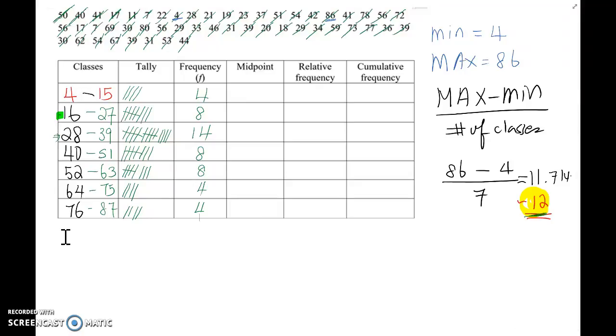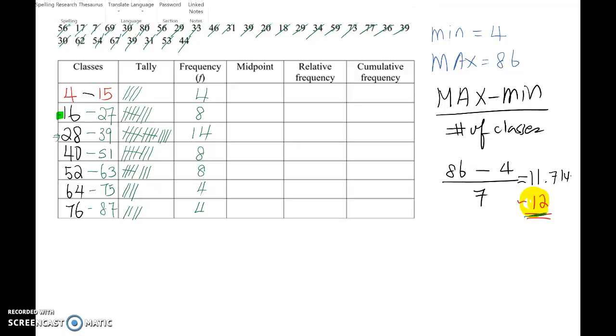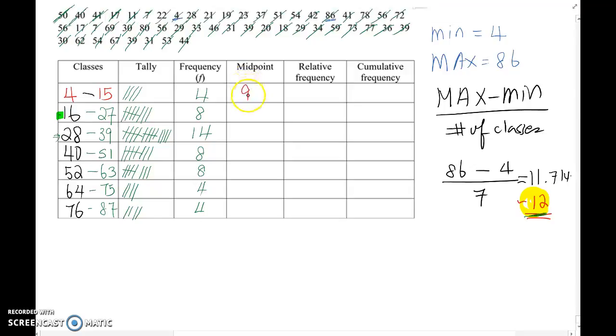If you find the first class midpoint, 4 plus 15 divided by 2, that will be 9.5. Please pause this video again and try to find all the different class midpoints and come back to this video. If you find the midpoints correctly, then you will have the same values as I have.